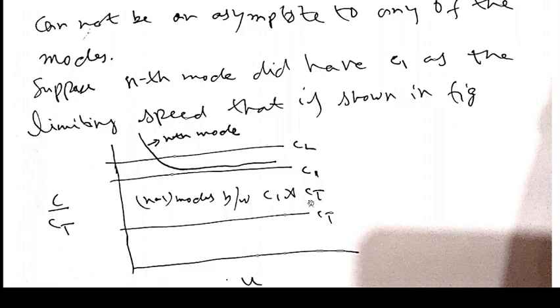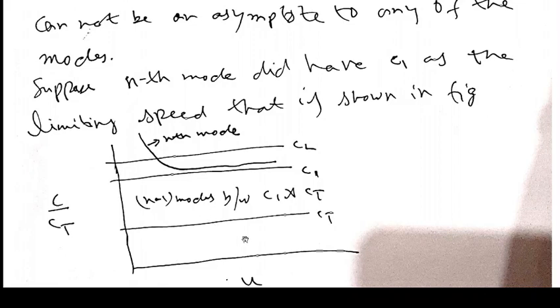If this is so, then any value of C between C dash and CT will give us a finite number of solutions, which will be n-1, because that line will intersect n-1 modes, and at the points they intersect you can draw u0, u1, u2, u3 up to un-1.